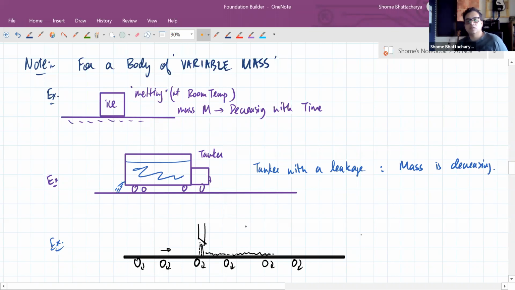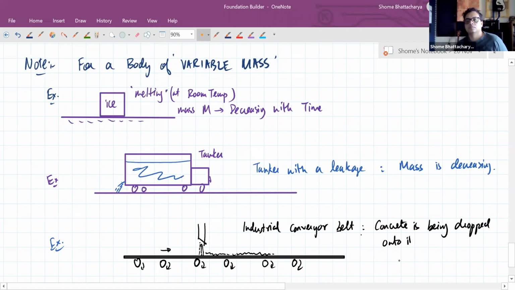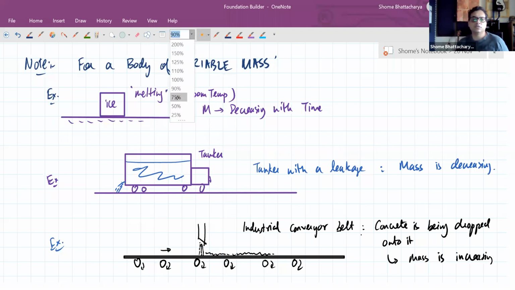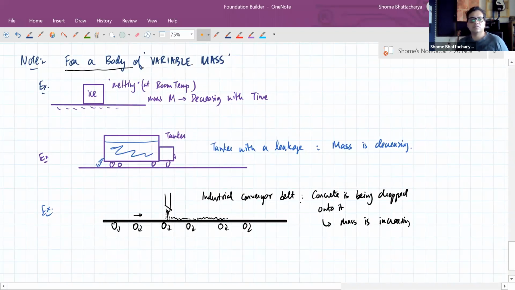So let's say we have an industrial conveyor belt, and concrete is being dropped onto it. So what is happening? Its mass is increasing with time. So these are all physical examples, everyday examples of situations where the mass is variable.